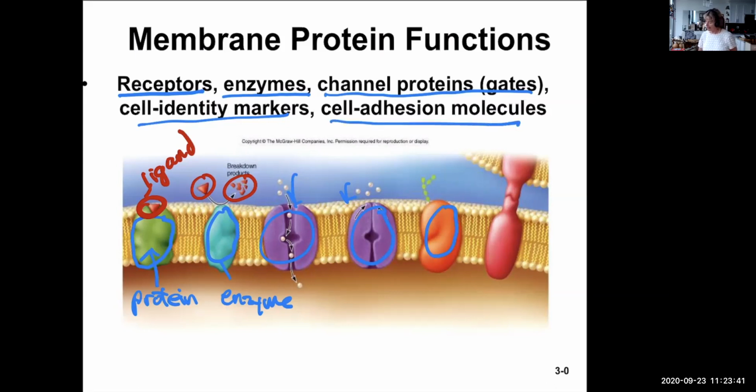Some proteins embedded in the cell membrane are adhesion molecules. So as you can imagine, since cells have to work together in concert quite often as tissue, for example, skeletal muscle is made up of many, many muscle cells. But in order for that muscle to contract all the muscle cells at the same time, they have to be very well adhered to each other.